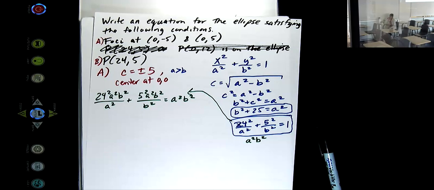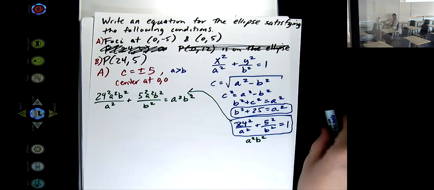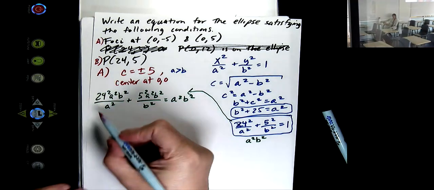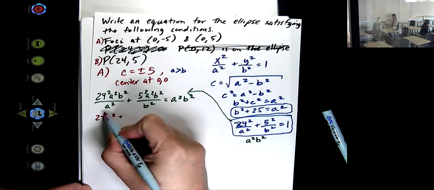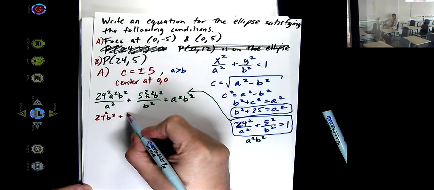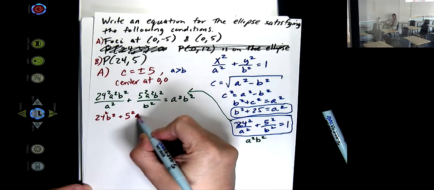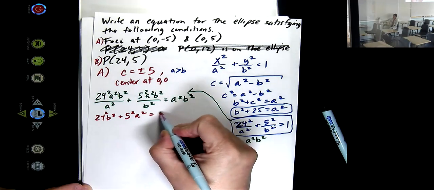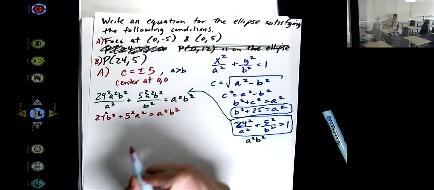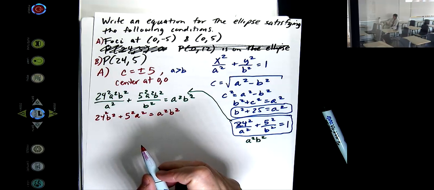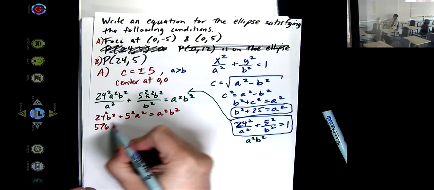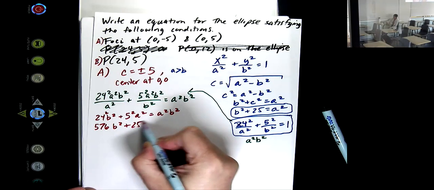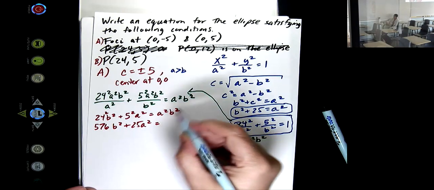Now, if I clean that up some, I have 24 squared b squared plus 5 squared a squared equals a squared b squared. I'm going to write in a value for those because I don't like dealing with the squares. This is 576 b squared plus 25 a squared equals a squared b squared.